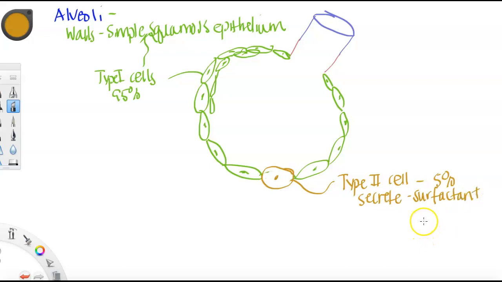And surfactant is a chemical that reduces surface tension. So that's another thing that you should remember from AP1. What was surface tension? Well, remember that the lung areas are moist. We've humidified the air, and so there's water in there, okay?